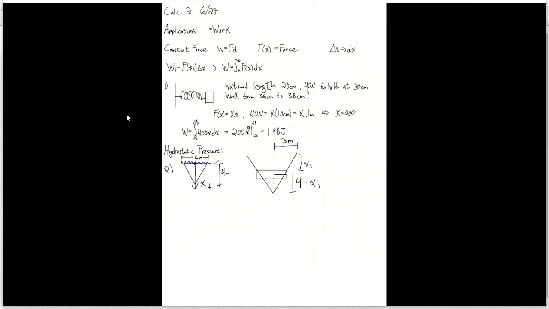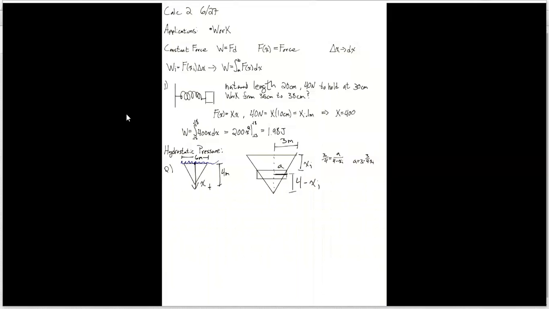So this line right here is A. And if we go over here, using our similar triangles, we've got that 3/4 equals A over 4 minus xi, right? This leads us to the fact that A is equal to 3 minus 3/4 xi, right? And we're going to use this later on.